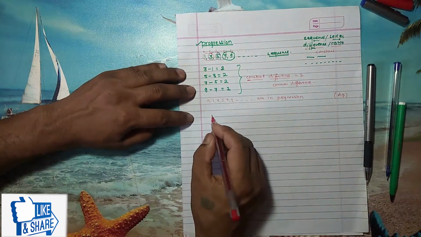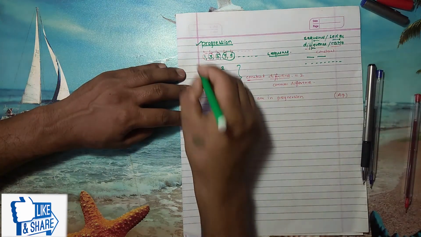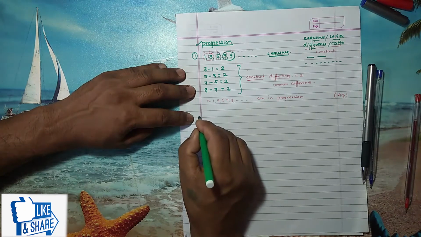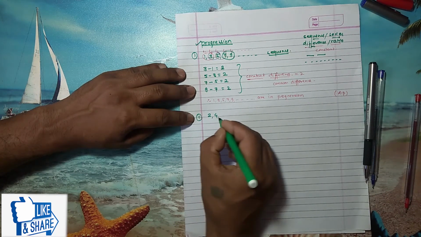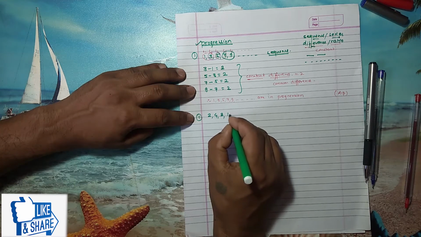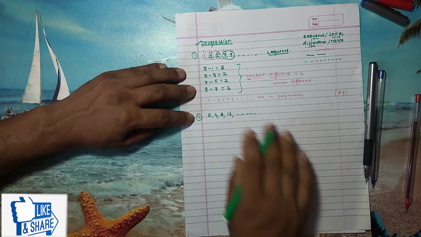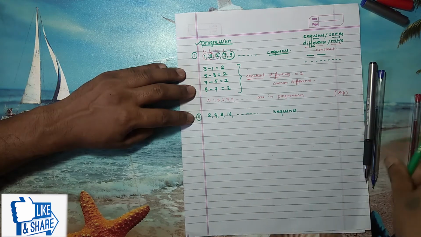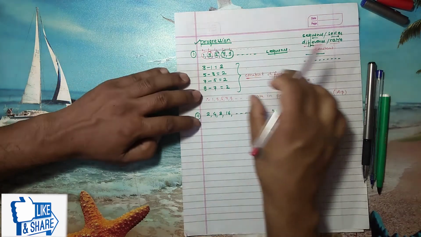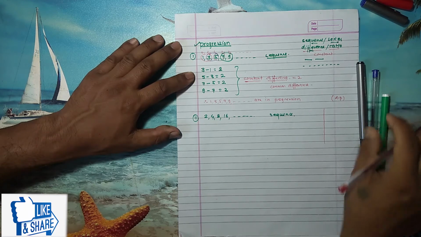Let's take the second example: 2, 4, 8, 16 and so on. We have another sequence. Let's try to find the difference first. Will the difference come constant or not?